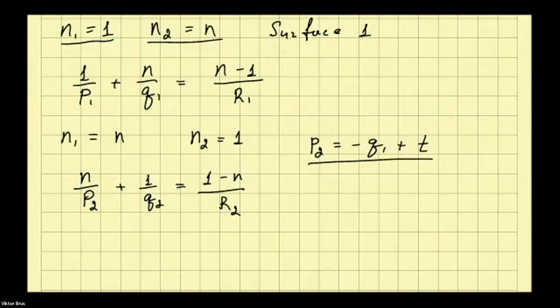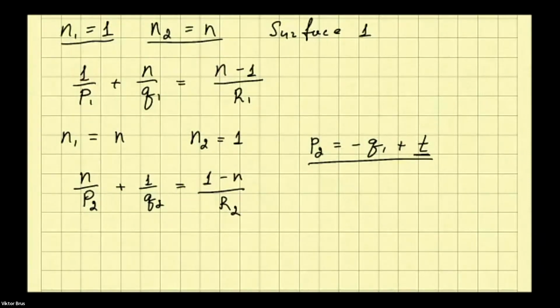P2 is equal to minus Q1 plus T. Now, as I mentioned at the beginning, we discuss image formation by a thin lens. Thin means that this thickness T is a small value.